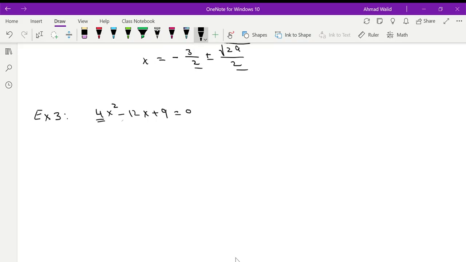In this case, first divide all terms by the coefficient of x squared, even before moving your constant term to the right side, correct? I will divide all terms by the coefficient of x squared, whatever that is. If it's 3 divided by 3, if it's 4 divided by 4, whatever the coefficient is. Here 4 cancels out with 4. I'll end up with x squared minus 12 divided by 4 gives you 3.